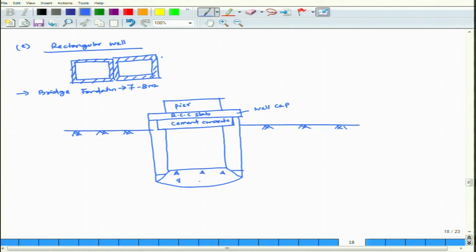This generally is done by means of concreting. This part is your curb. This is your cutting edge.